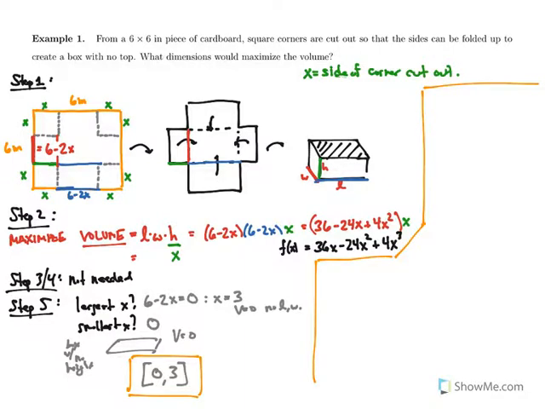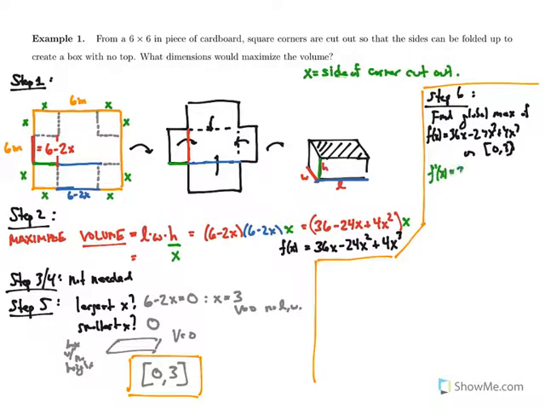All right, step 6, we need to find the global max of our function on the interval 0 to 3. So we're going to find the derivative. That's 36 minus 48x plus 12x squared.